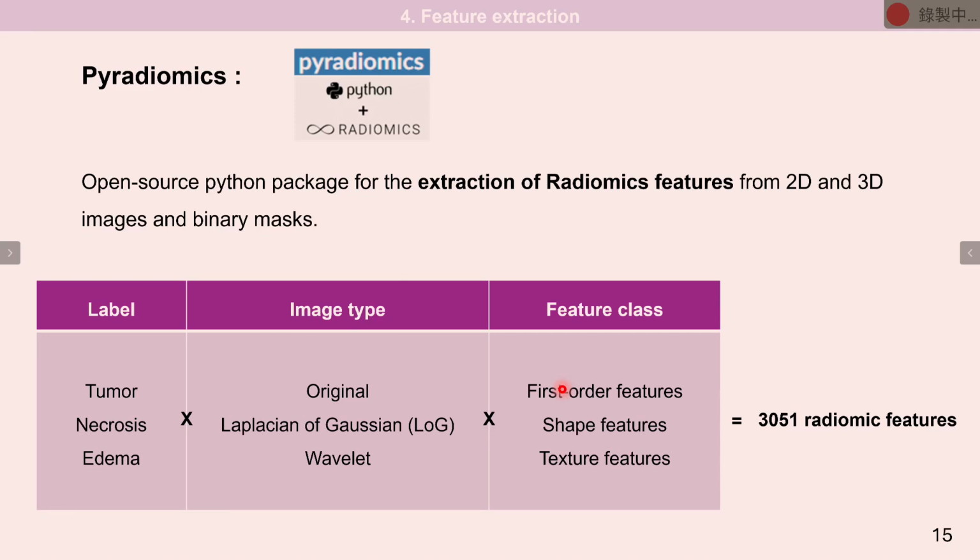Unlike texture features, these features don't consider the spatial arrangement of pixels, but only focus on the histogram of intensity values. This kind of feature provides insight into characteristics like mean intensity or minimal intensity, such as that.